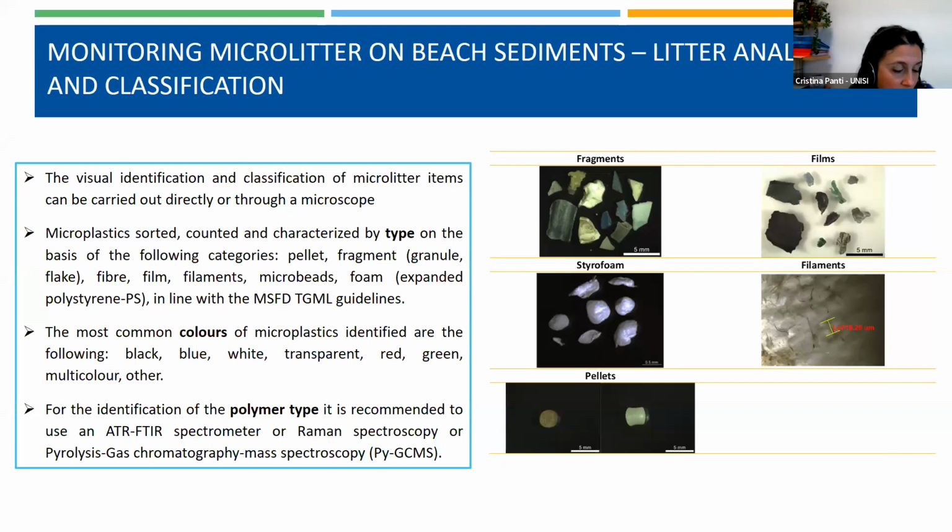There are some that are also very easy to use, or with Raman spectroscopy, but these require advanced skills in plastic polymer analysis. In this case, you can identify the polymer and understand if it is made of polyethylene, polypropylene, and so on. So it's also important, for instance, to attribute sources to these microplastics.